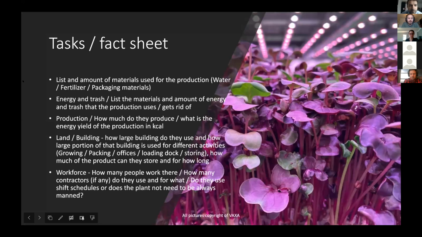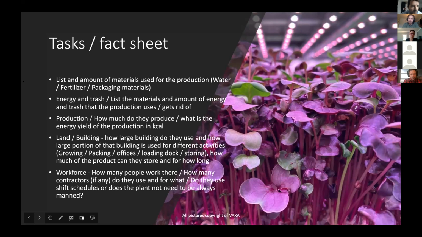We have here some of the tasks and a fact sheet of what we need to do. You can read here, I'm not going to go through them all, but in a nutshell, we're going to look at the process of growing the produce. So we're going to look at the inputs which go into the process, and then look at the outputs. What kind of fertilizers or nutrient solutions are they using?